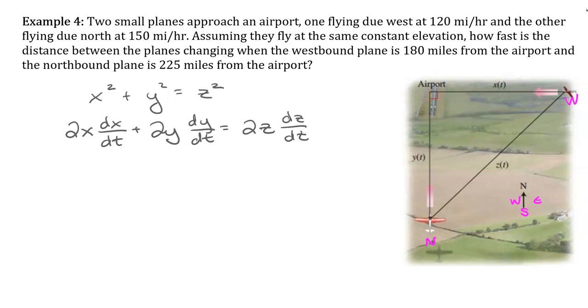Okay, so now we can actually work with it. One flying due west, so this would be our westbound plane. That's 120 miles per hour. That's its rate.